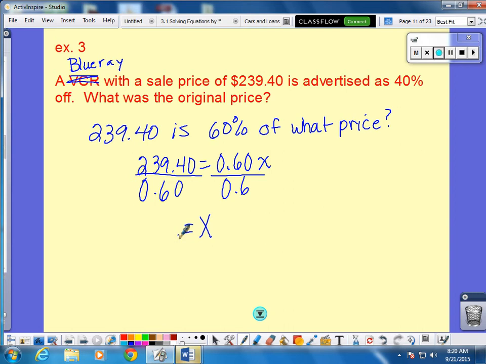How much was this VCR? Can you believe people paid that much? How much was it, Denver? $399. Wow, bargain. When VCRs first came out, they were expensive.